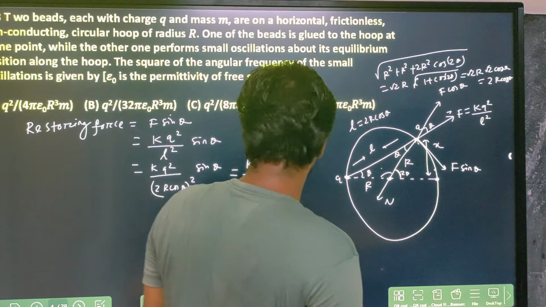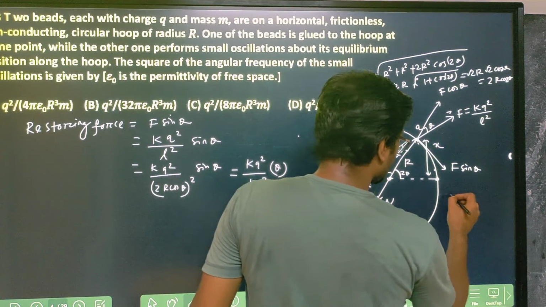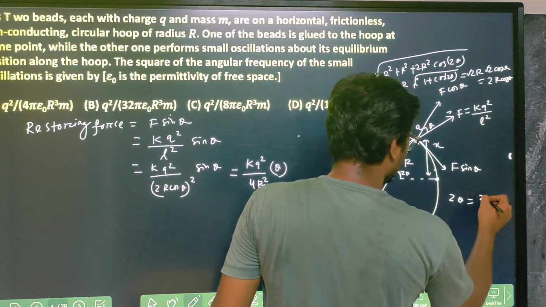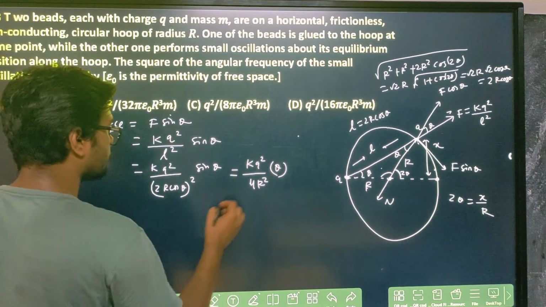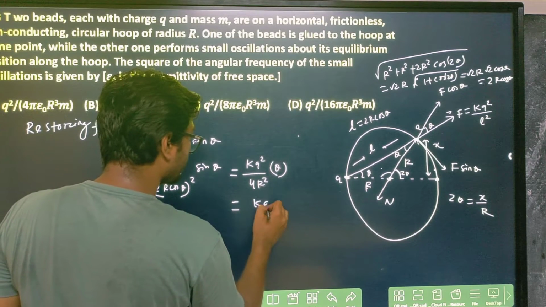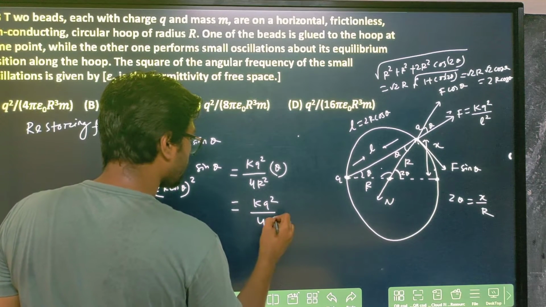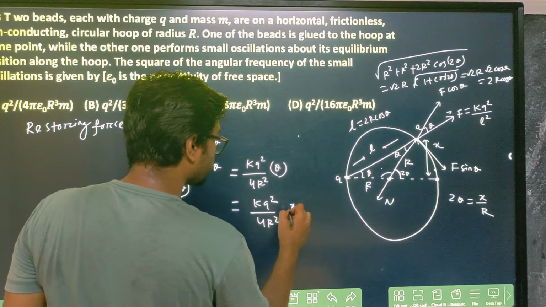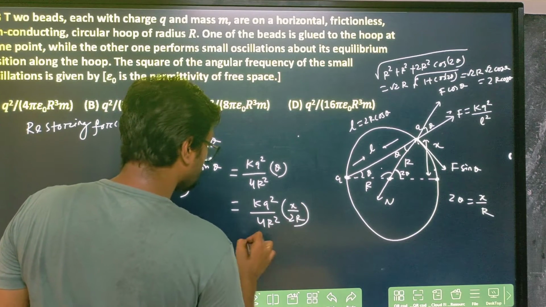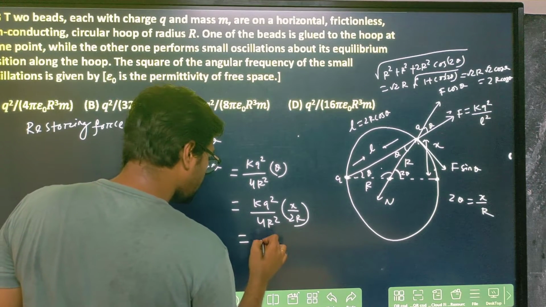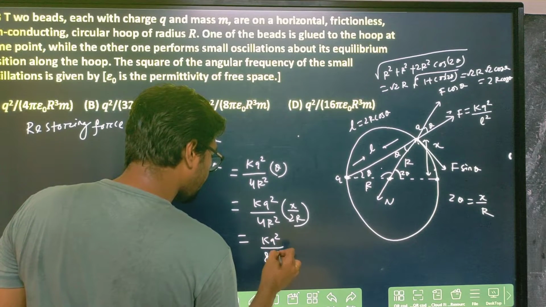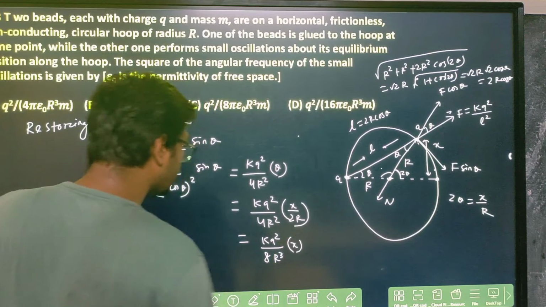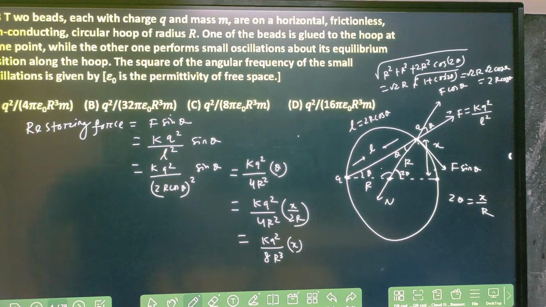So I am taking this as x. So 2 theta equals x by r, so theta is x by 2r, right? So this will be kq square divided by 4r square, with theta as x by 2r. So you can find that this will obviously be kq square divided by 8r cube into x.